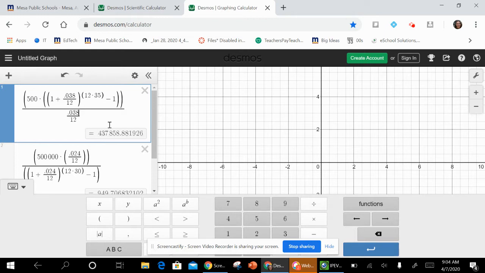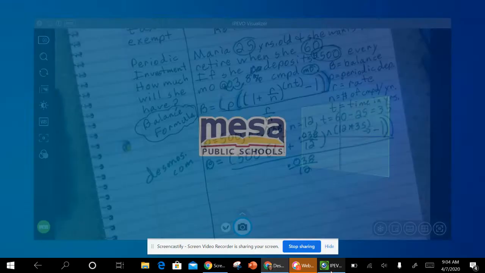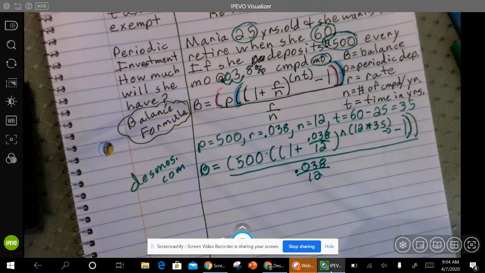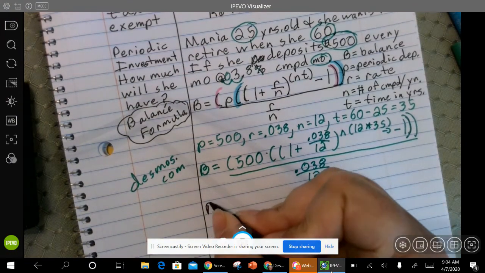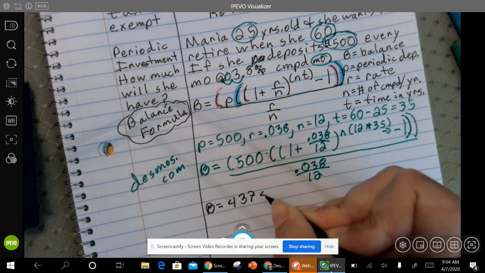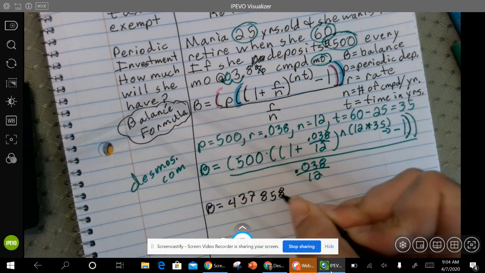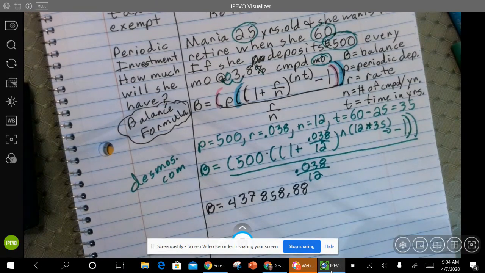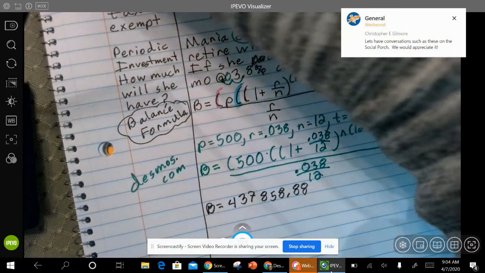Okay, and so that's how much money she is going to have. For her balance, she's going to have $437,858.88. Okay, so the next part we're going to talk about, everybody, is our tax table.